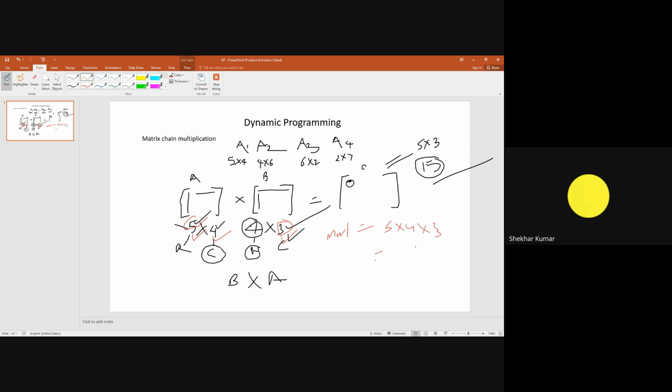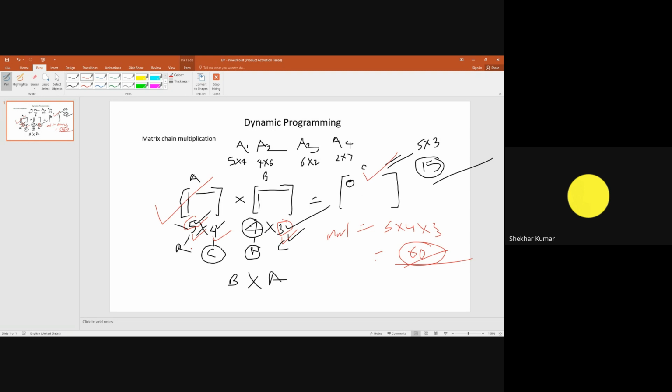That is 60. So in this matrix multiplication, a total of 60 multiplications are required. For generating a resultant matrix C, I have to do 60 multiplications in this numerical.